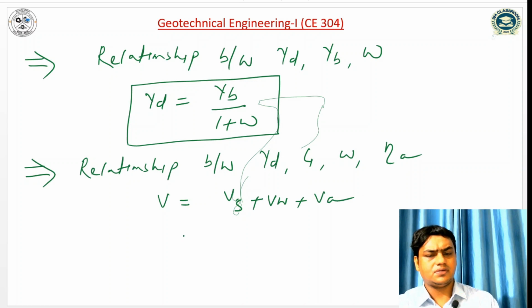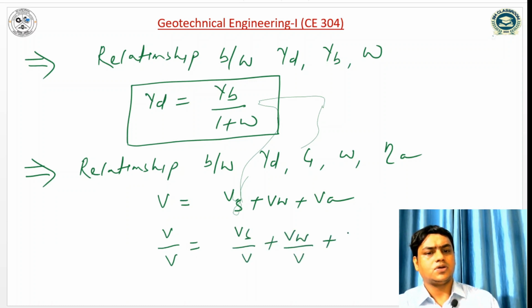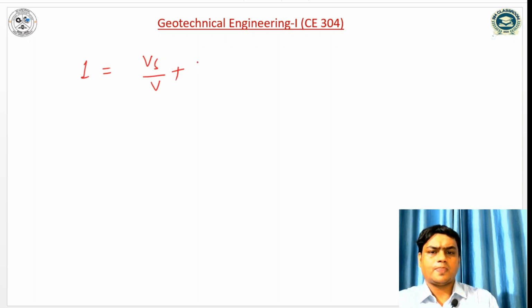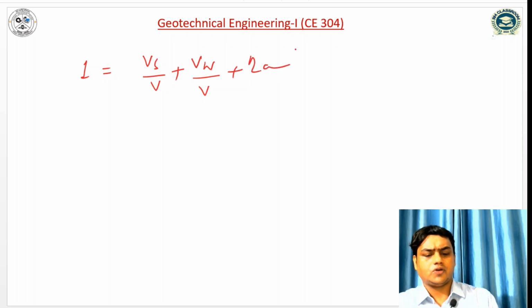If I divide the total volume on both sides, so V by V is equal to volume of solid by total V plus volume of water by total V plus volume of air by total V. So we know that volume of air by total volume is the percentage air voids. So we can write 1 is equal to volume of solid by V plus volume of water by V plus percentage air voids.